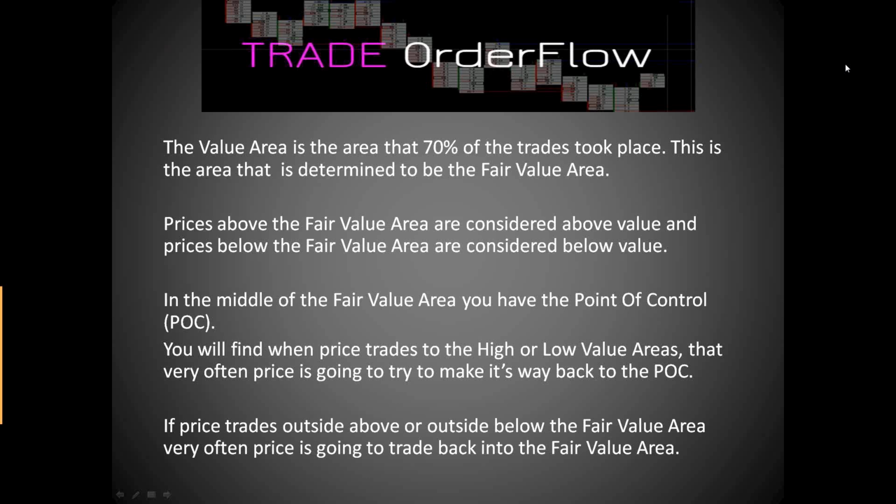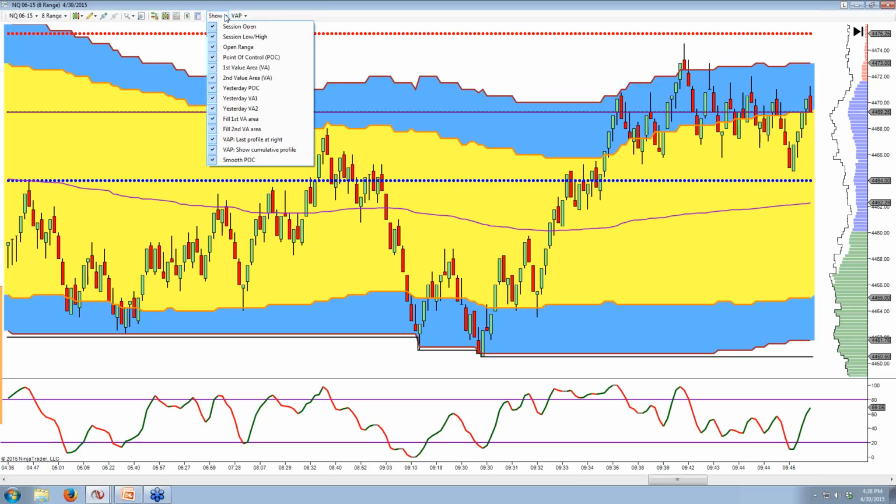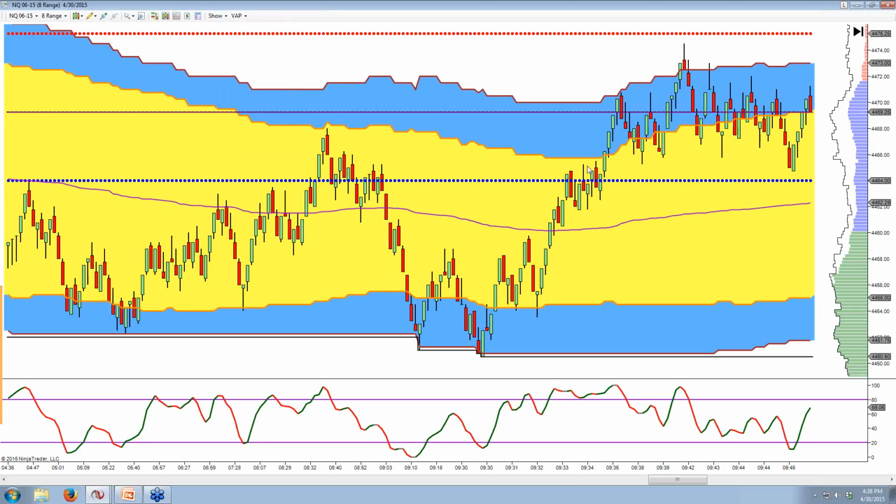All right, so this is the VWAP market profile. And so you have lots of options. You can choose to use the VWAP option, you can use the TPO, like I said, or you can use volume. I'll show you that in just a second, but let me just explain what this is.